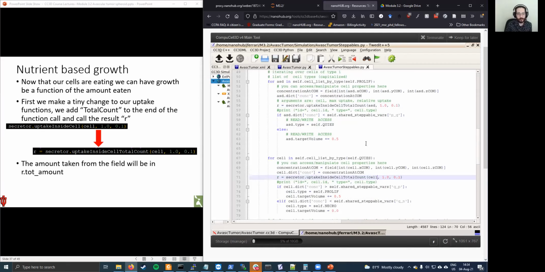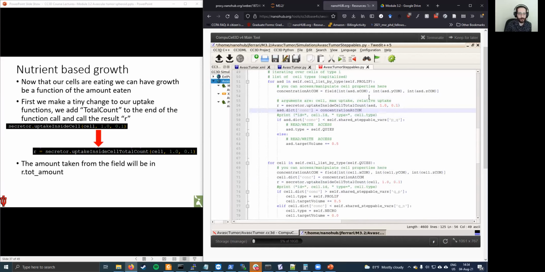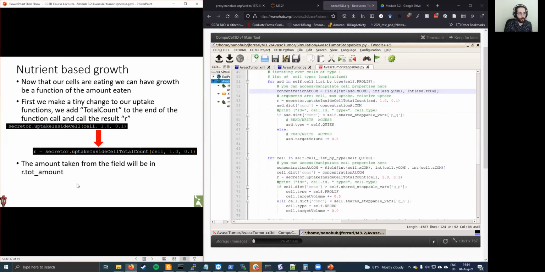And now to visualize this, I'm going to replace this extra field that we created before. Instead of having the concentration at the center of mass, I'm going to place this before we actually do the uptake. And what I want is the results from the uptake.